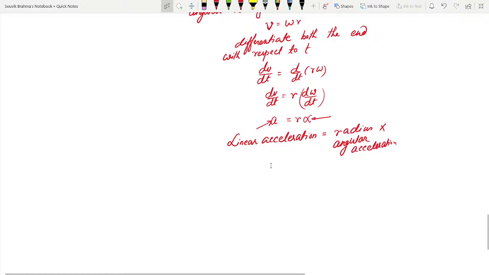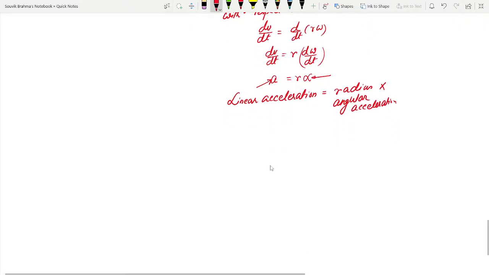In vector notation, it should be represented as a equals alpha cross r.